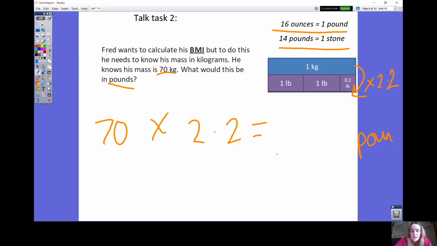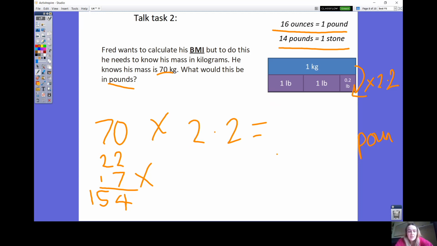Lovely. So I'm going to do this over here. What I would do to work out what it is in pounds, 70 multiplied by 2.2, you could do 22 multiplied by 7, 7, 14, regroup of 1, 7, 14, add 1 is 15. So it's 154, 22 multiplied by 7.